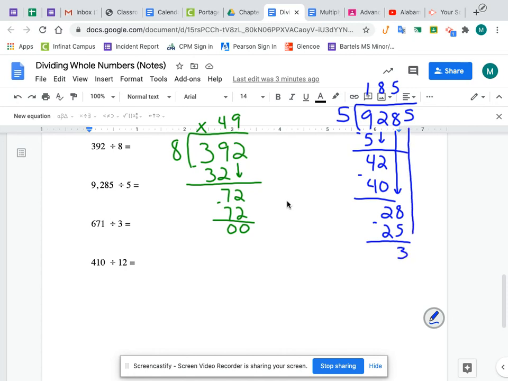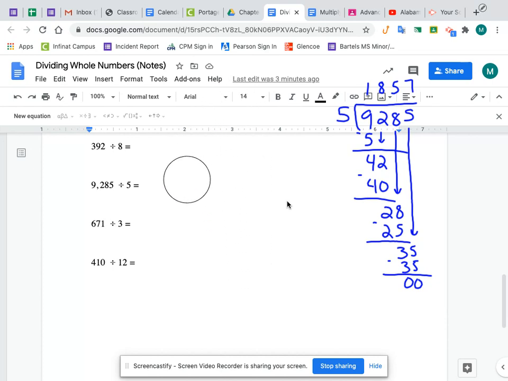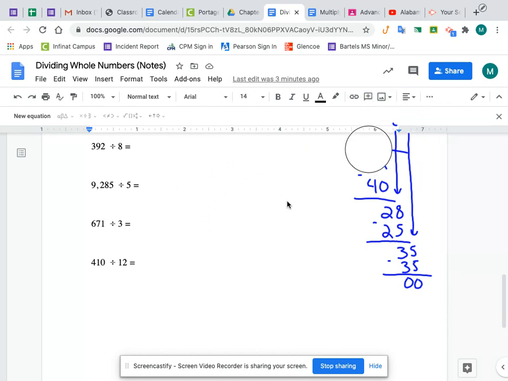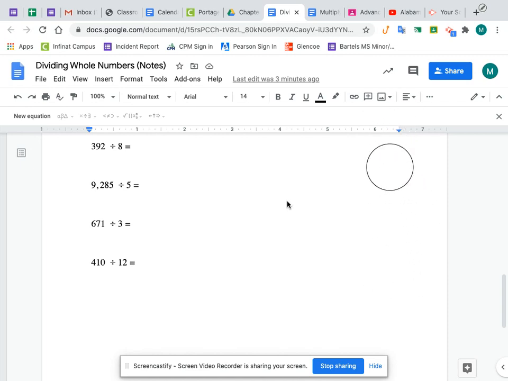Bring down my 5. And then 5 goes into 35 7 times. 0, 0. So my first two come out evenly. Let's take a look at some problems that might not come out evenly. And we'll work on writing that remainder as a fraction.